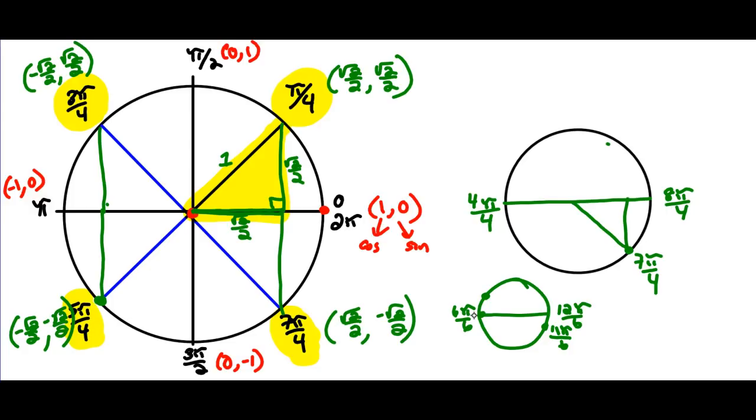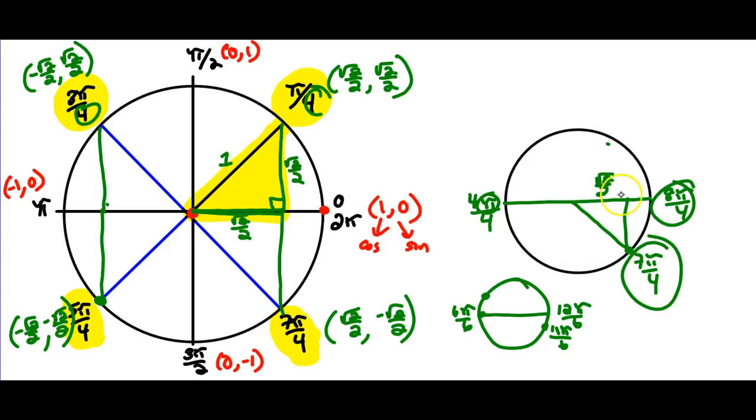And so if you start thinking about it in terms of that, comparing it to where pi is and where 2 pi is, then you can start figuring out where those angles are faster. And if you know the triangles, you can come up with the sine and the cosine of those angles. So right now I've just focused on these with 4 in the denominator because they all have the same triangle, and so it makes it super fast. If you know where 7 pi over 4 is, you know that this is positive square root of 2 over 2.